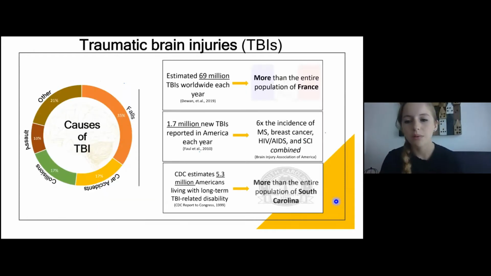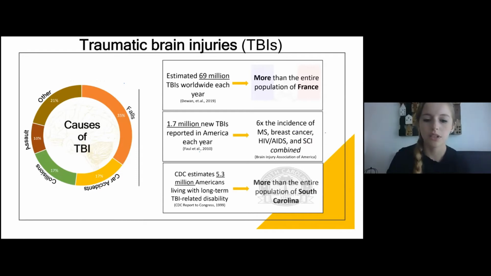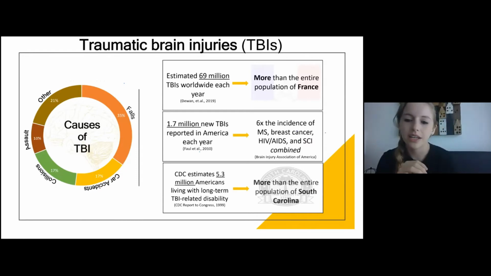Now, the main topic of my research is traumatic brain injury, or TBIs. And to understand how these techniques might fit into brain injury research, we need to have a sense of the current state of TBI. Now, TBIs are a significant healthcare concern that affect nearly 1.7 million new Americans each year. Now, that 1.7 million is actually 6 times the incidence of MS, breast cancer, HIV/AIDS, and spinal cord injury combined.